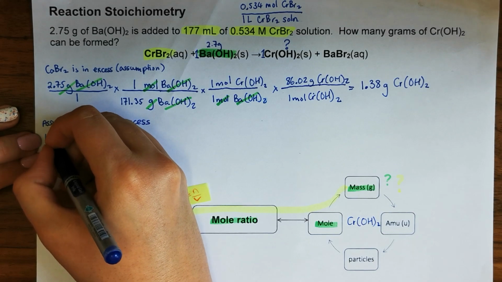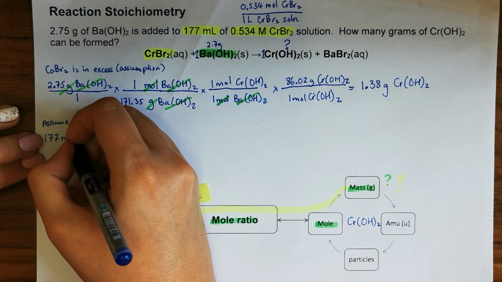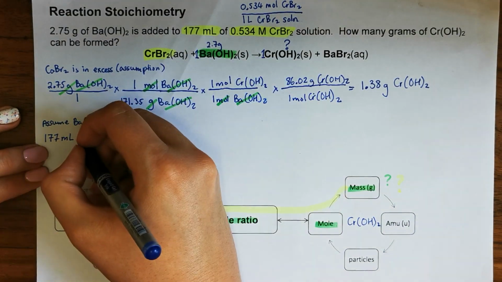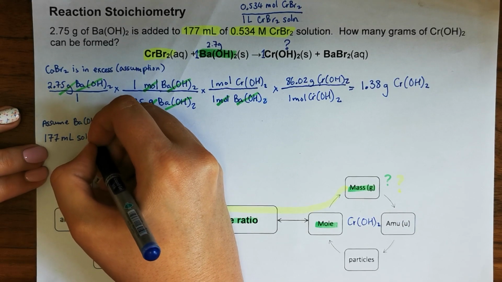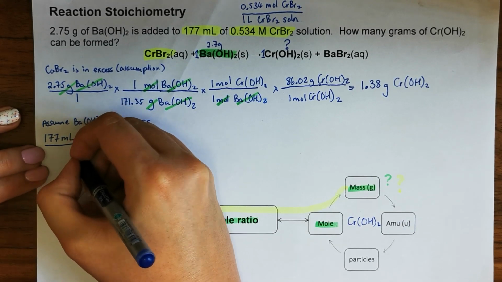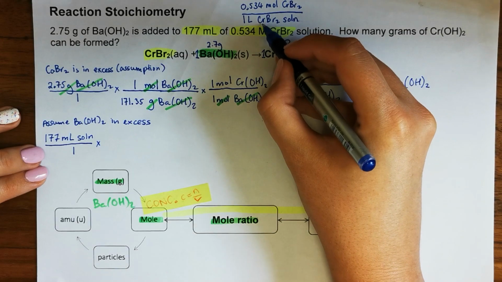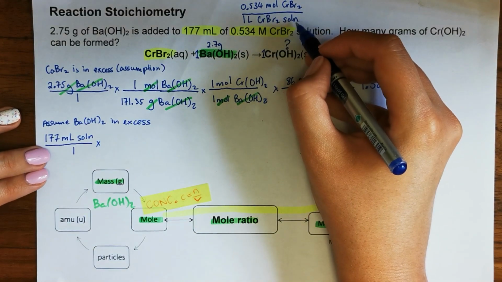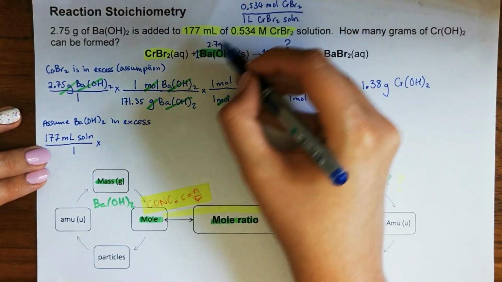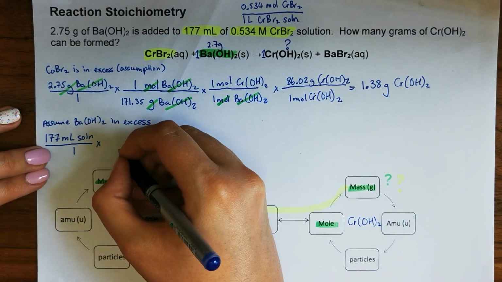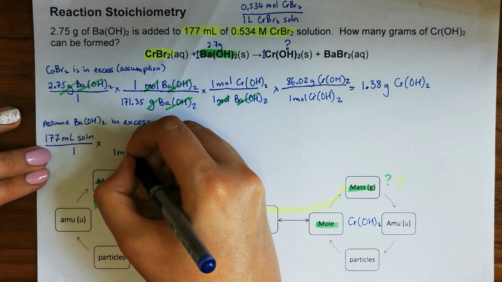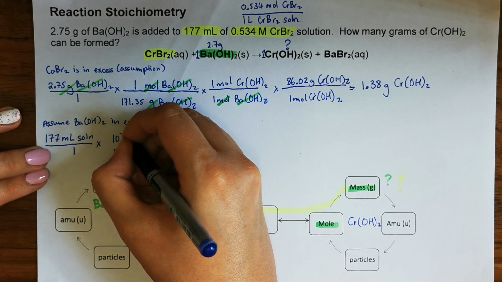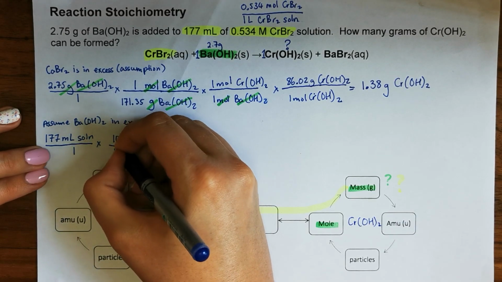We've got 177 milliliters of our solution, correct? Okay, your chromium bromide solution. Note that this is in liters. Here we've got milliliters. So 1 milliliter is 10 to the minus 3 liters.